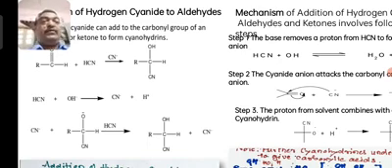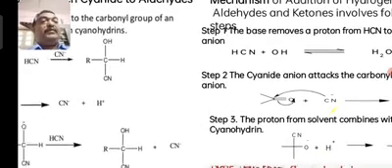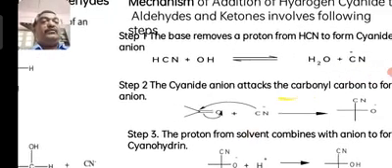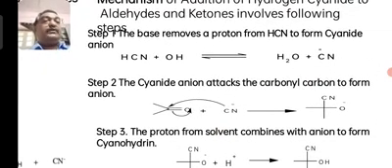Now the mechanism is very clear, which involves the following steps. Please remember that aldehydes or ketones are treated with HCN in presence of a base like KOH or NaOH. The OH minus will react with HCN to form water and the cyanide ion CN minus.